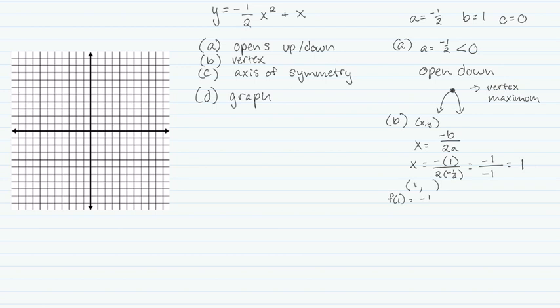So -1/2 times 1 squared plus 1. I would be conscious and use as many parentheses as you can, just to make sure. So -1/2, and 1 squared is 1, plus 1. That becomes -1/2 plus 1, and that's +1/2.